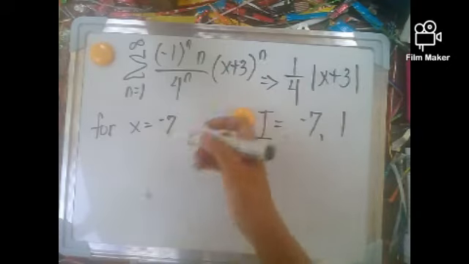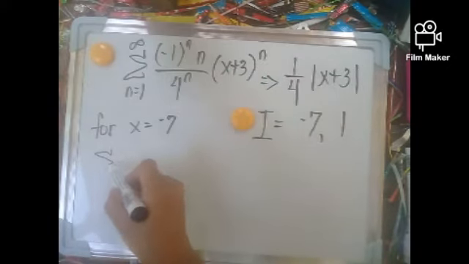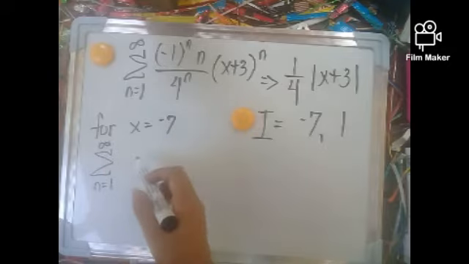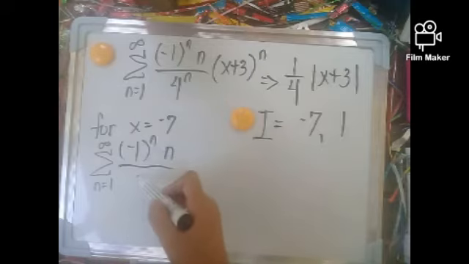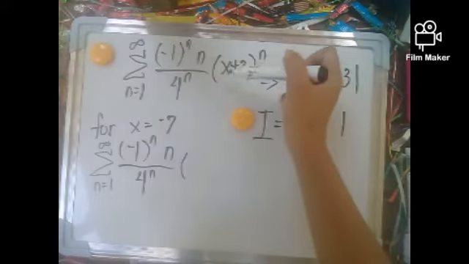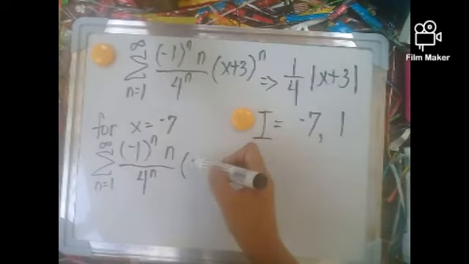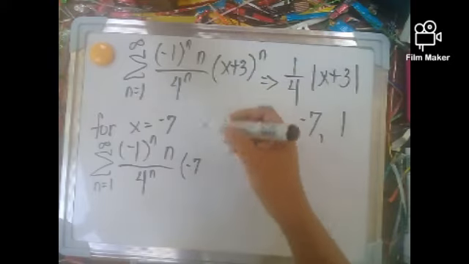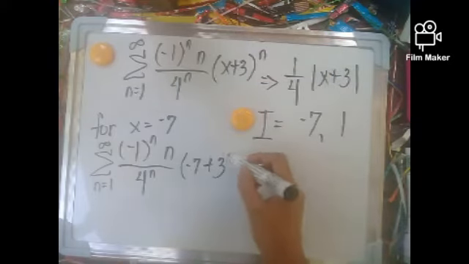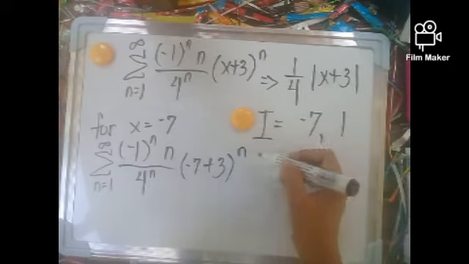So diretso plug in na lang natin. Ano? So we have n is equal to 1 to infinity. We have negative 1 raised to n times n over 4 raised to n. So dito lang naman natin siya substitute. So we have negative 7. Here we have x, so negative 7 plus 3 raised to n.